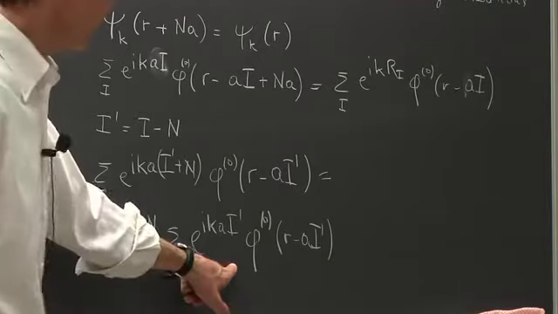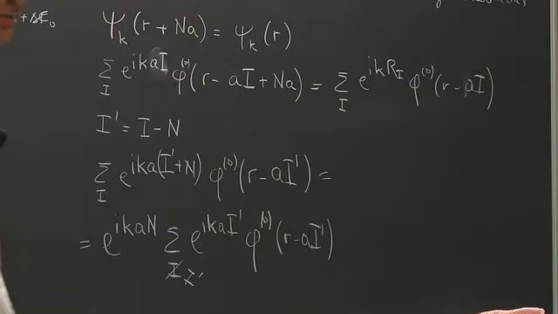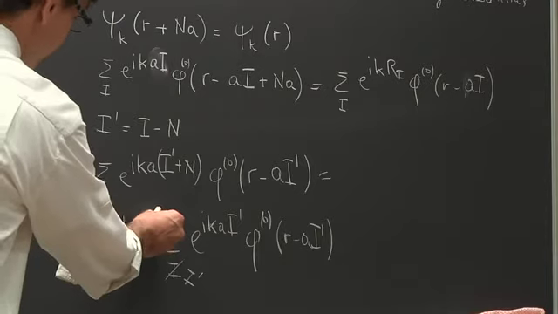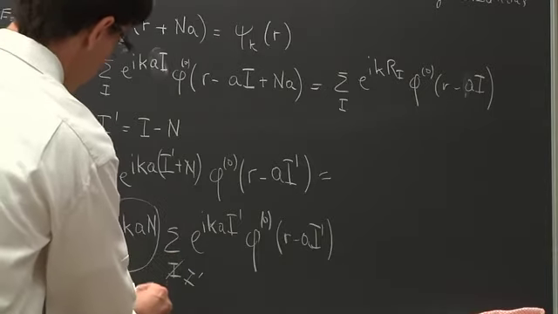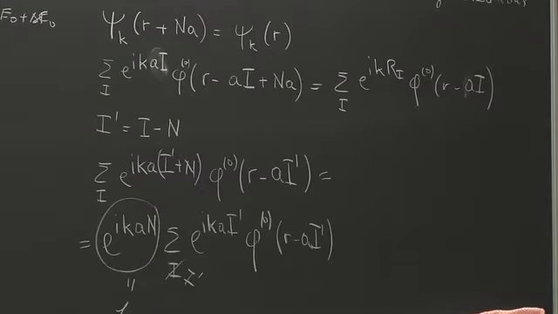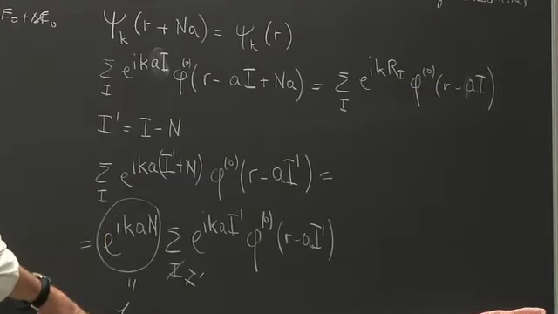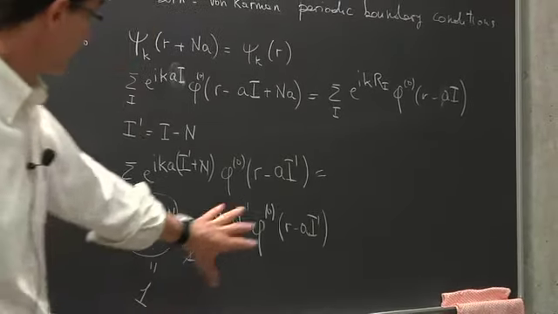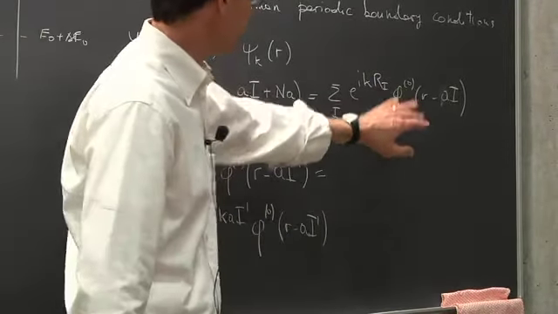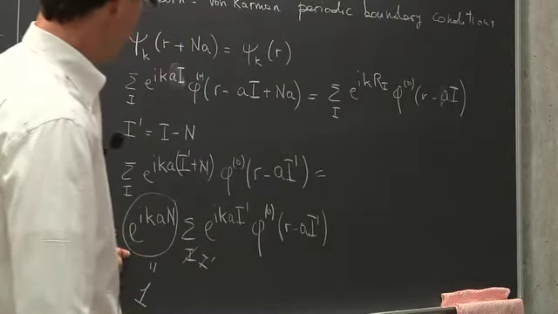But if I want these two quantities to be equal, this one must be 1. If I want to impose this periodicity, this one must be 1.